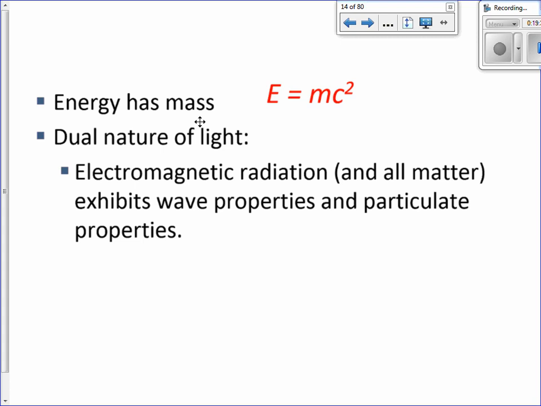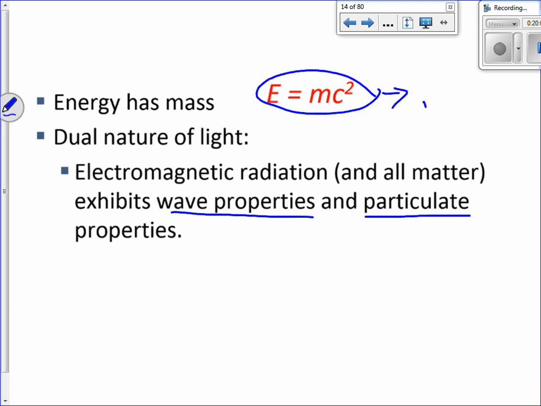So that's where we get the dual nature of light, and it eventually evolves into the dual nature for the electron as well. So really all you need to write down here is the fact that it has wave-like and particulate properties.